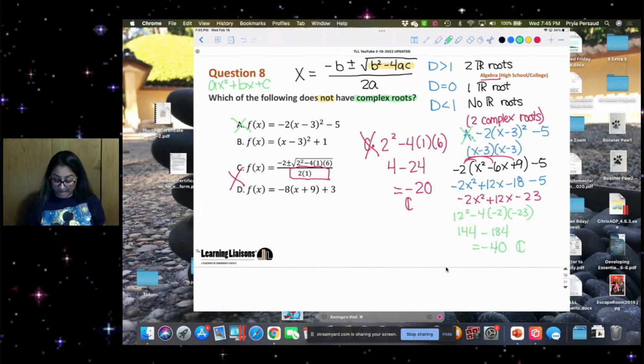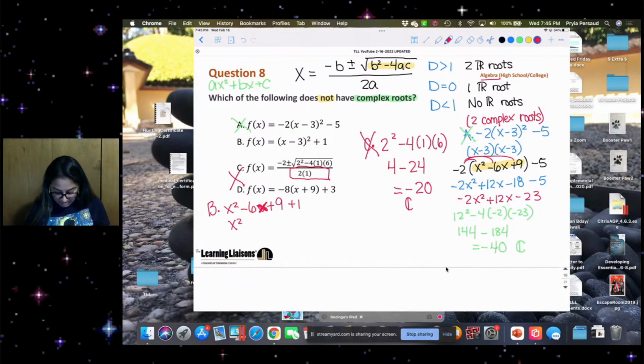Well, let's try B. I can actually cheat a little and use what we found for x minus 3 times x minus 3 over in A for my B. I'm definitely going to cheat a little. So for my B, I will have x squared minus 6x plus 9 plus 1. Okay, well that makes it a little bit easier for me.